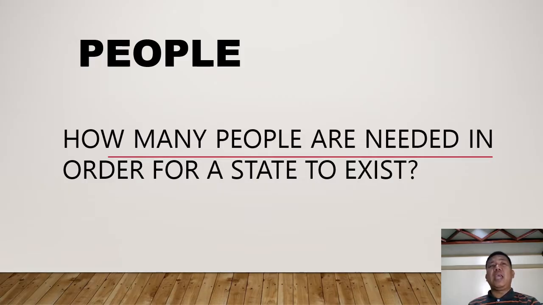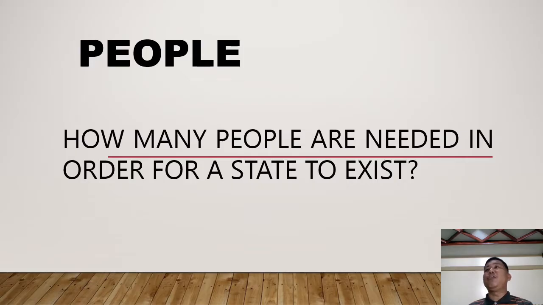It is actually a combination of more or less enough to copulate, enough to reproduce in order for the state to exist, or big enough in order to protect and to preserve the integrity of the state. So that's one thing that is being required for people.